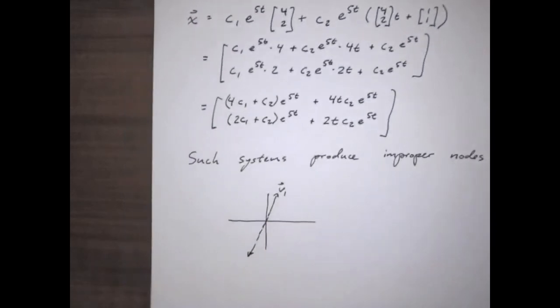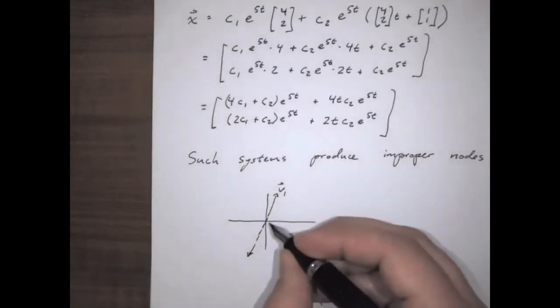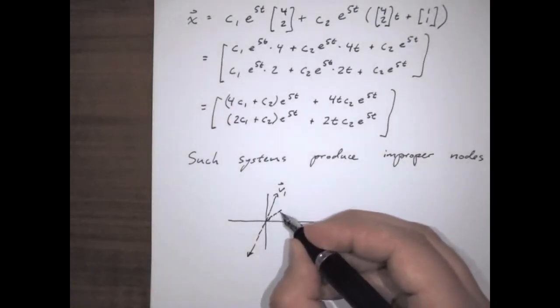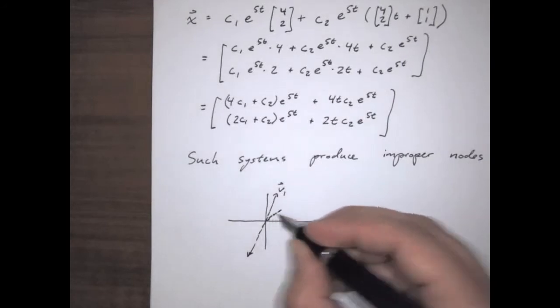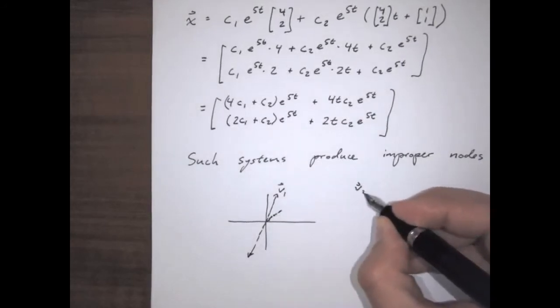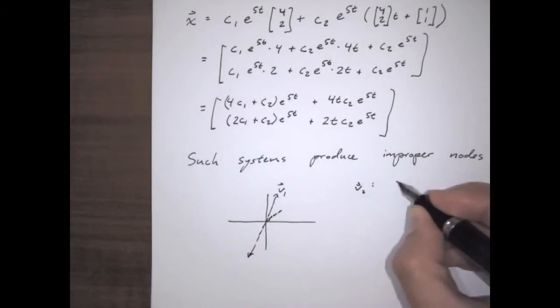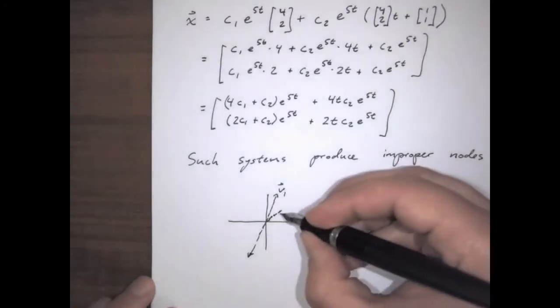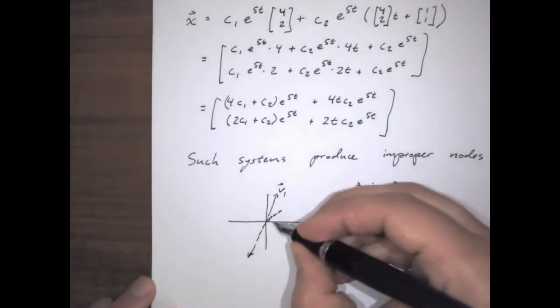And then as far as V2 goes, which in this case is just 1, 1, I should just write it off this way. It's not exactly going to be involved in this, but what will be happening is that every solution will end up going in the direction of V1.